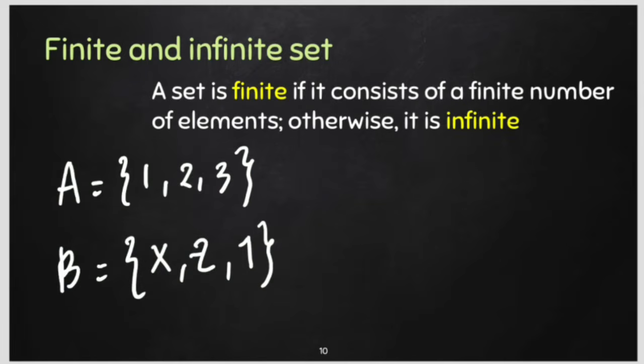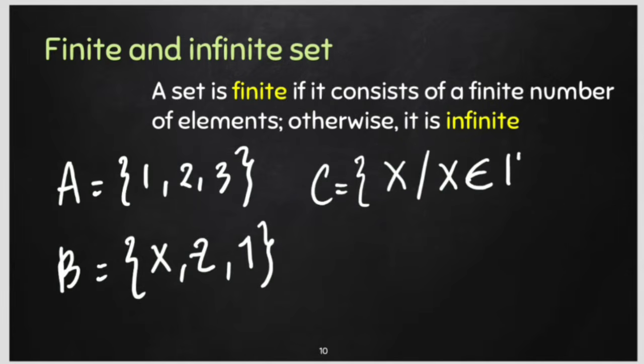Otherwise, it is infinite. Let's say, for example, C equals {x such that x is an element of natural numbers}. You cannot count all natural numbers, though they're called counting numbers.